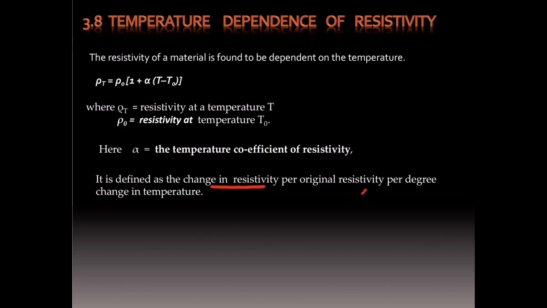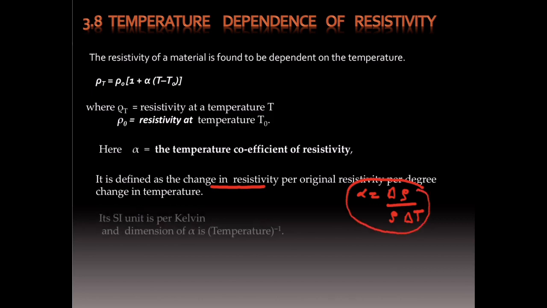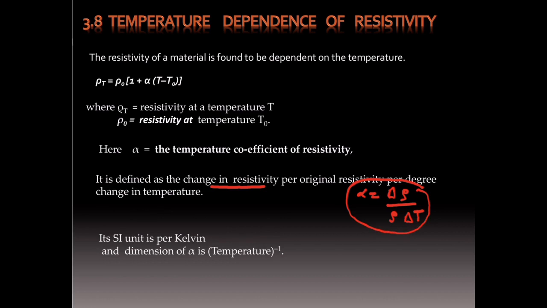So we can write alpha as change in resistivity upon initial resistivity per degree change in temperature. By that we can calculate the unit also. The unit is per Kelvin and the dimension is temperature to the power minus 1.